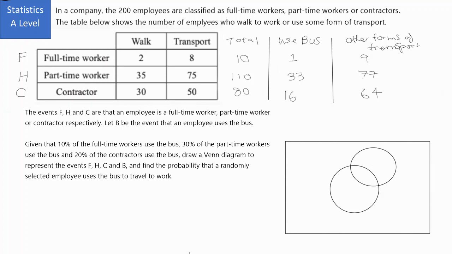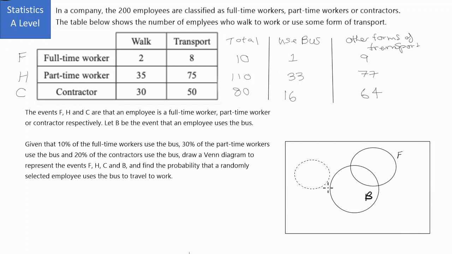So I'll start writing on the names just so we can remember. This one here was full-time worker. Okay, so let's go ahead and draw the rest of it now. As I said before, full-time worker and part-time worker are mutually exclusive. You can't be both, and therefore the circles do not cross over.